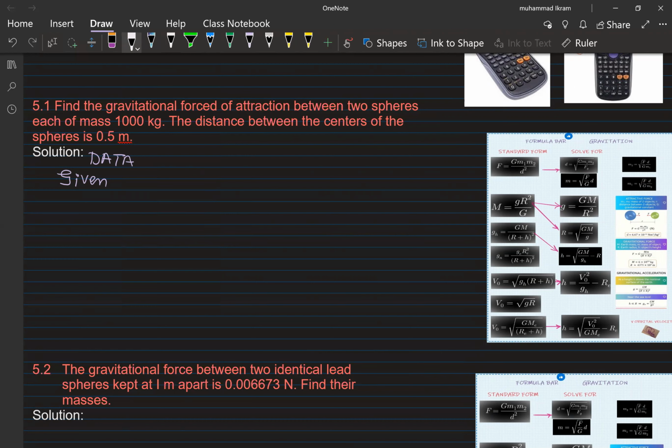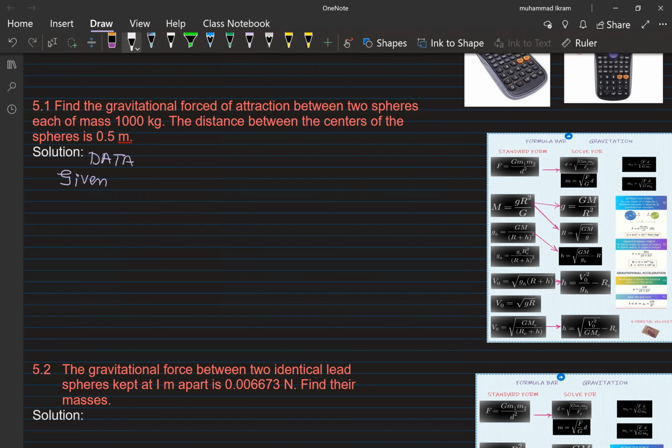Both the masses are given. The distance between the centers of the two bodies, this d, is equal to 0.5 meter.